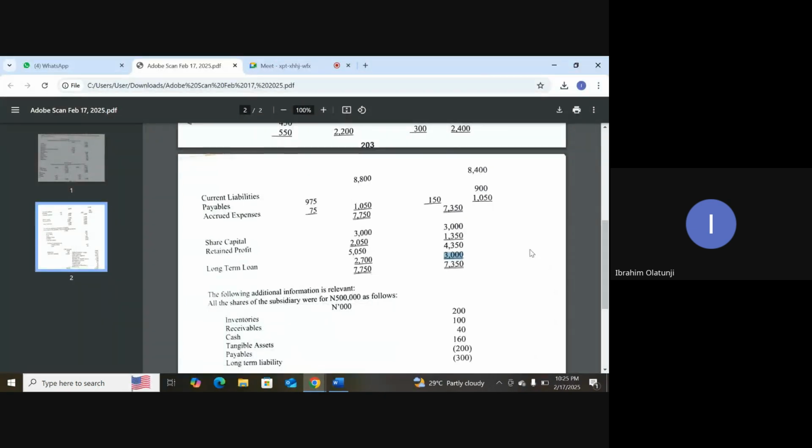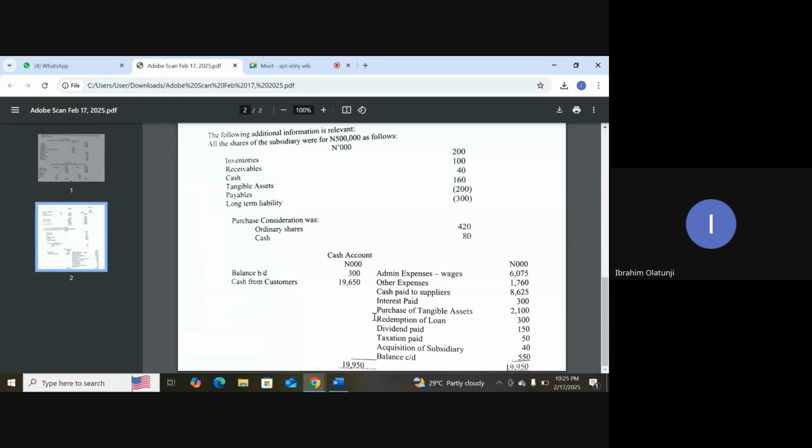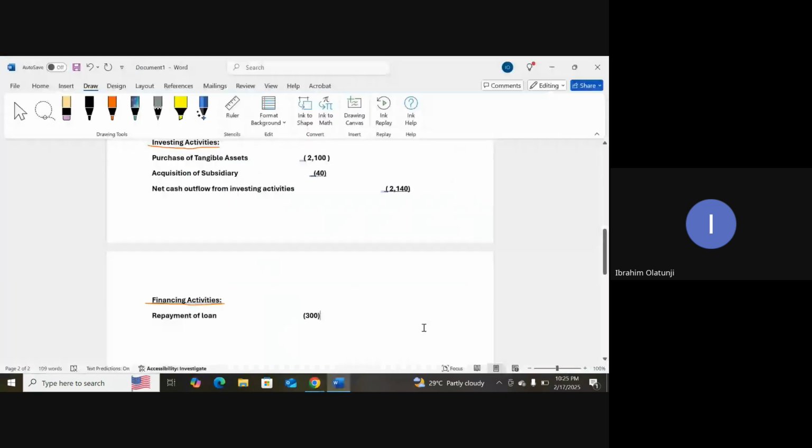But the examiner is already giving us the dividend paid, which is 150. So this dividend paid of 150, is it going to be in brackets or not going to be in brackets?